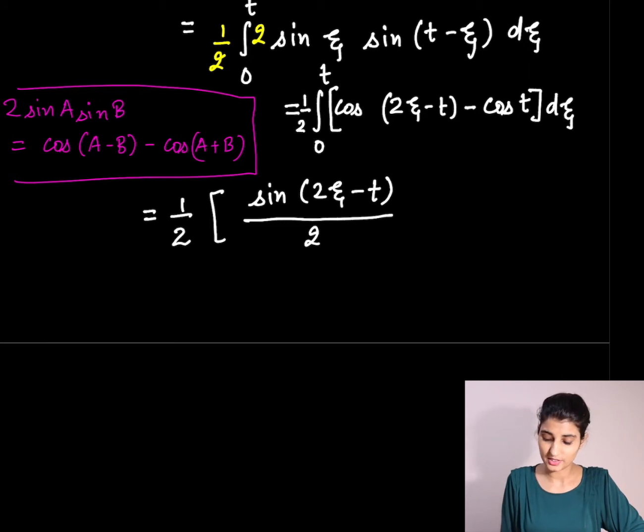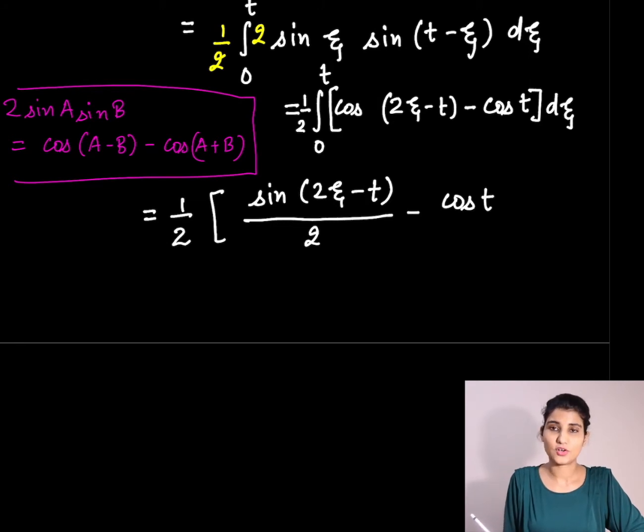So we divide by 2 minus, we are integrating with respect to xi, so cosine t is a constant. So integration of a constant is constant times xi, and the limits are from 0 to t.